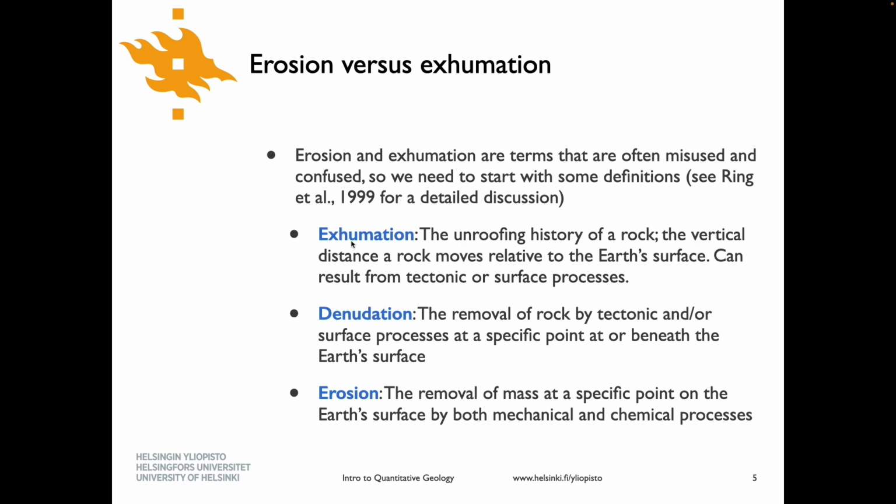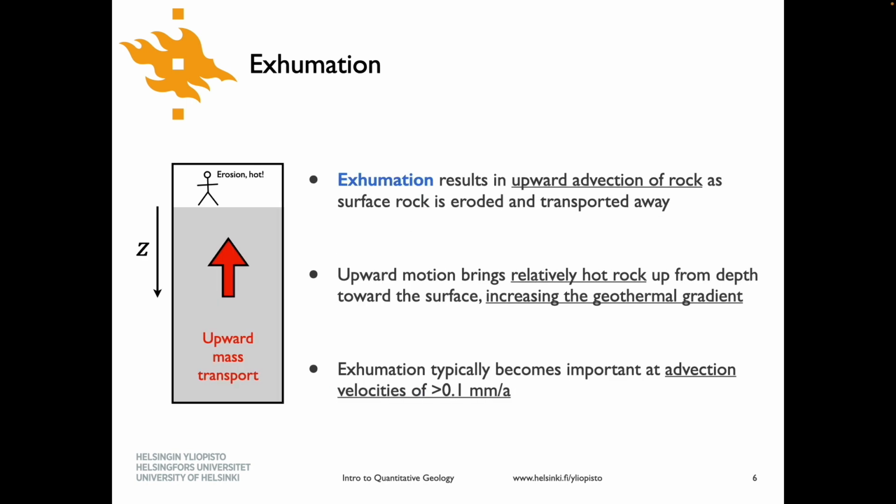And probably the biggest thing for us to consider is exhumation, because that's the process that's going to get rocks from depth to the surface, where, for instance, a thermal chronometer age could be calculated for some exposed bedrock. So again, the details of the terms here aren't necessarily that important for the purposes of our exercise this week, but the terms are here in case you're interested. And exhumation is the thing that we're mostly focused on in this case.